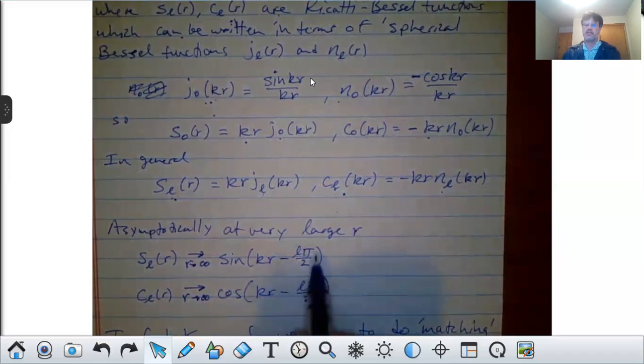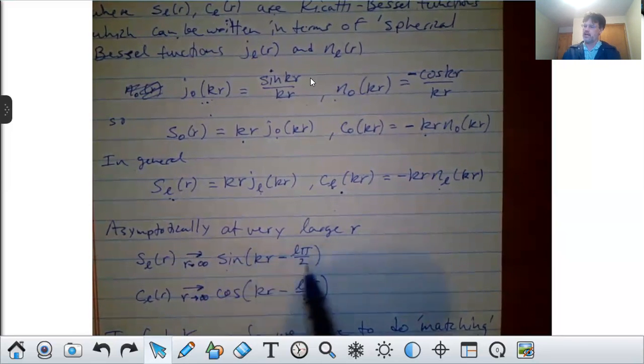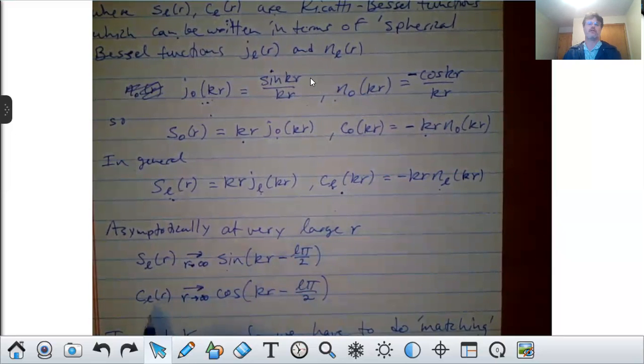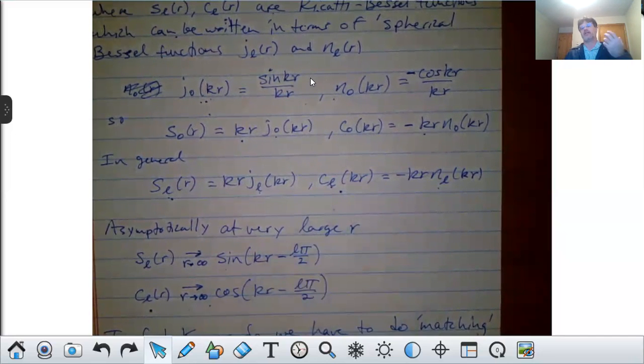But there's a phase shift due to that L(L+1)/r² term in the radial equation. So you get a sine behavior. For the C_L function, as r goes to infinity, you get a cosine behavior. So again, as r becomes really huge, you can use these, but you can't use these forms at small values of r.